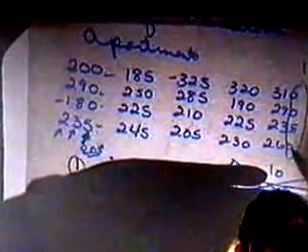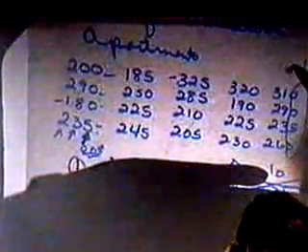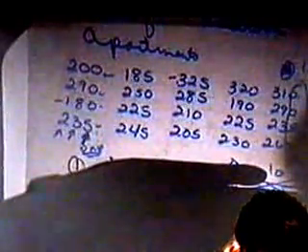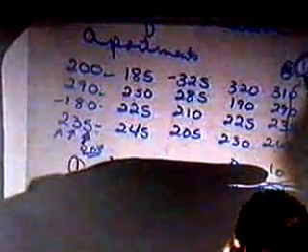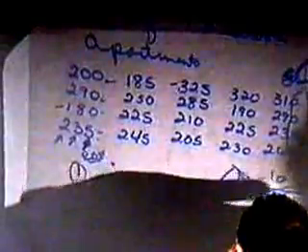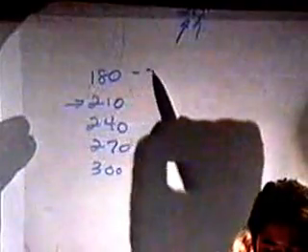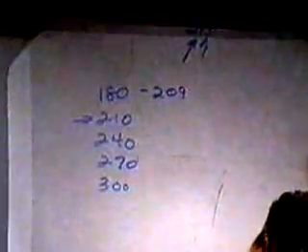If these all would have been zeros, then all of the numbers would have been to the tens. But since there was a number here, all of these numbers were rounded to the nearest 1. They were rounded to the nearest 1. I subtract 1 from here to make it 29.